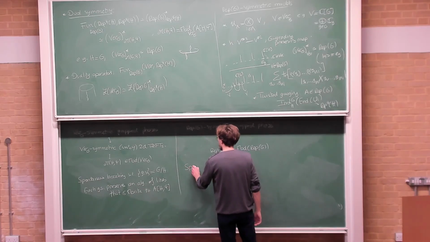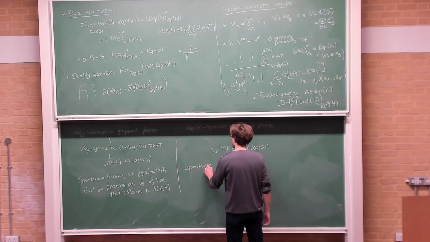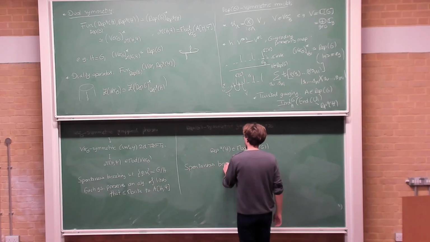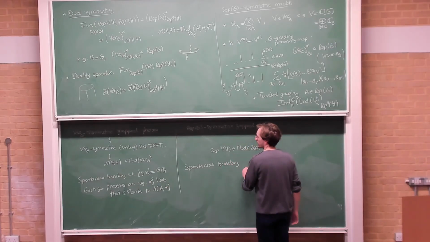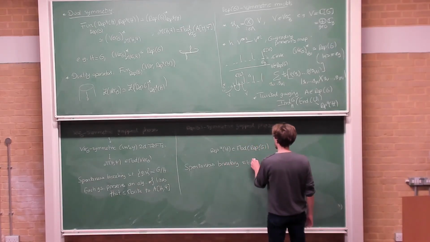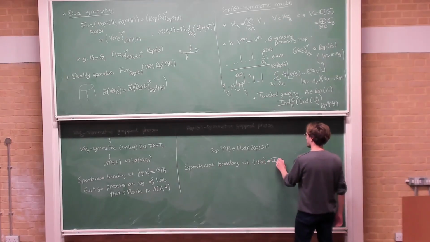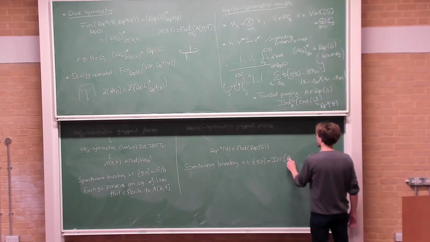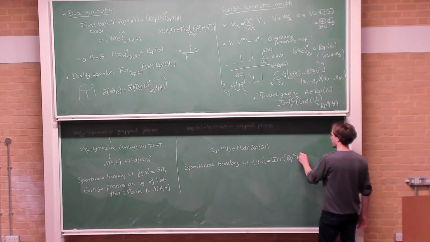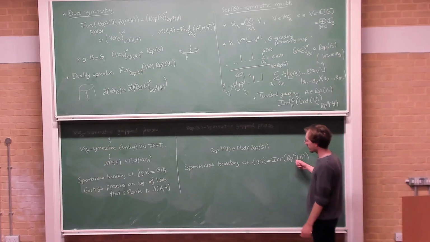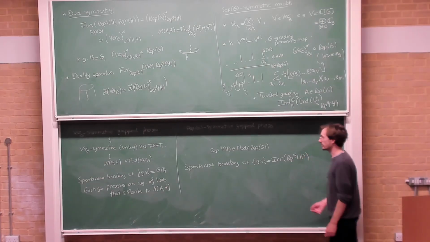So we have spontaneous breaking, such that the set of ground states is given by the irreducible projective representations of H. Well, it means that your vacua are labeled by an irreducible projective representation.